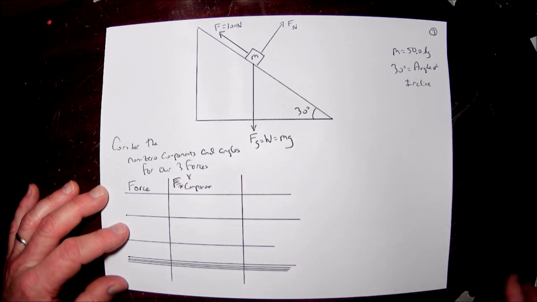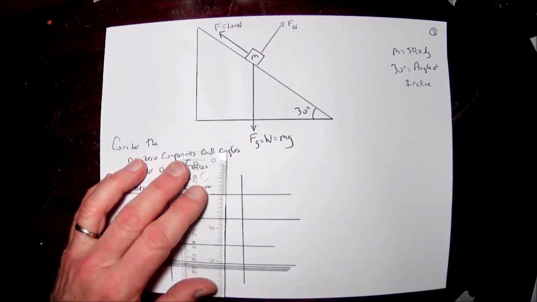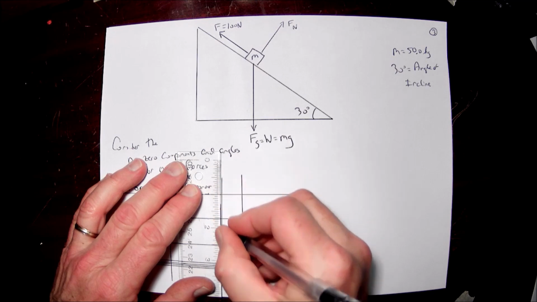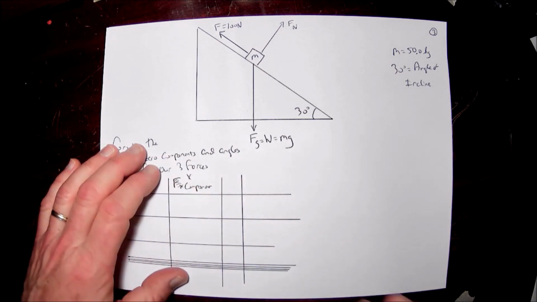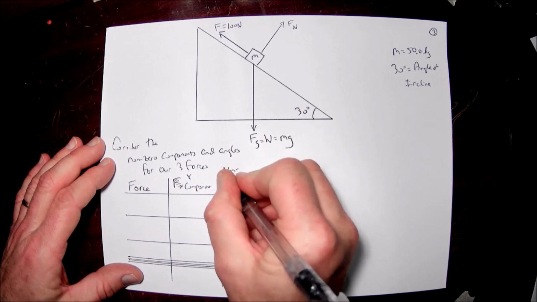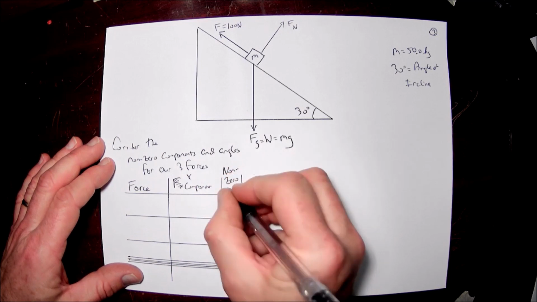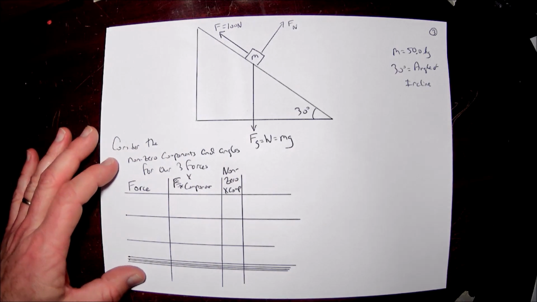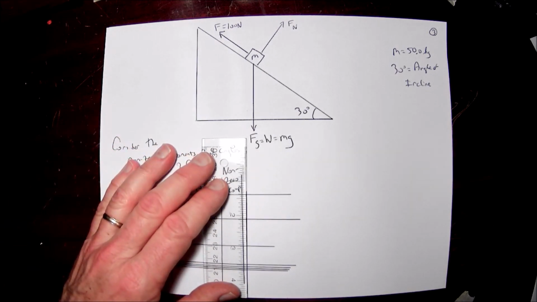I'm going to make another column right here: non-zero X component.